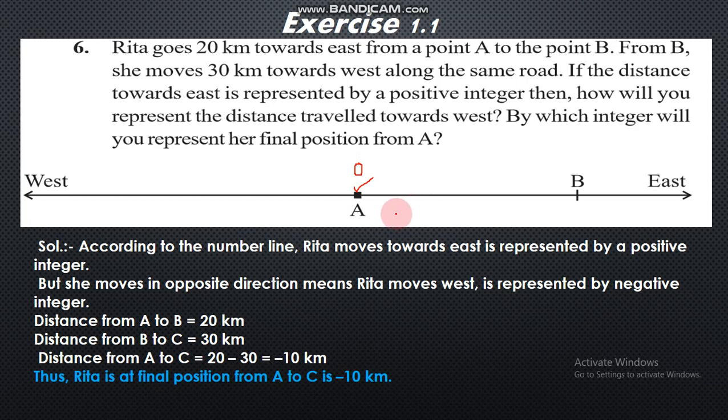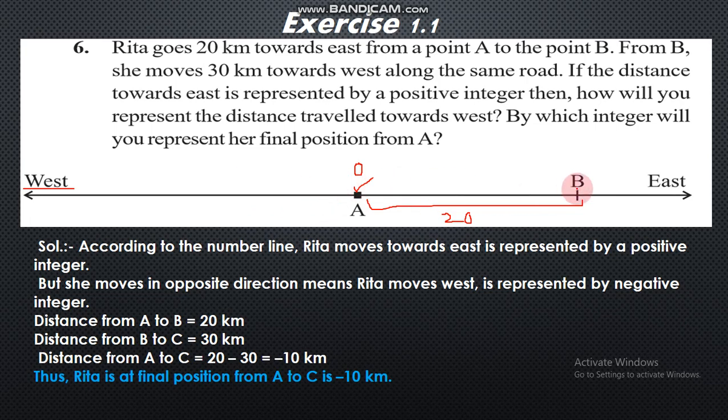So first Rita goes from point A to B. According to the number line, Rita's move towards east is represented by positive integers. And when she goes to the west, it is represented by a negative integer. So the distance from A to B is 20 kilometers. After reaching point B, she again goes to the west side, which again means a negative integer.